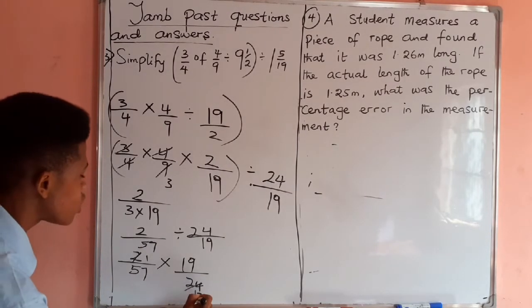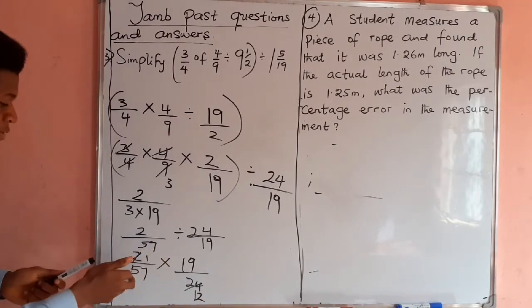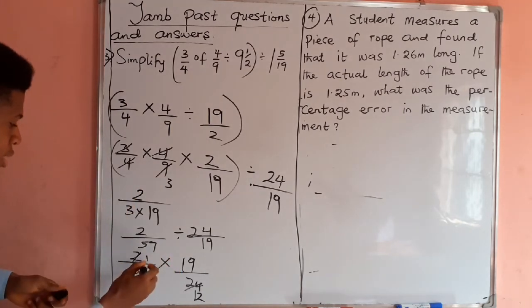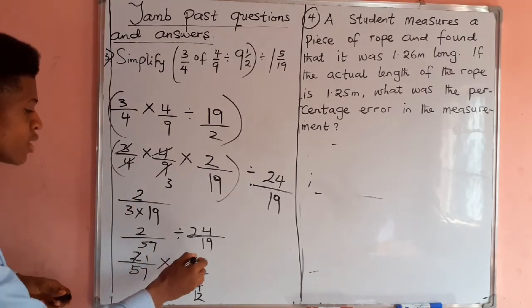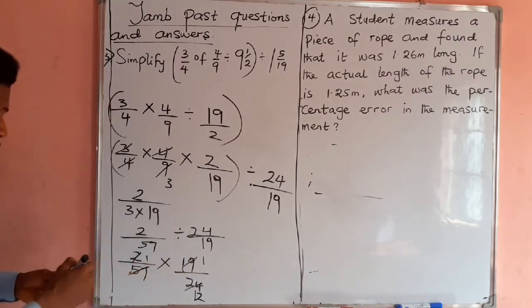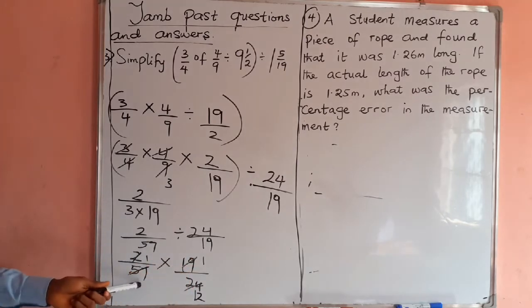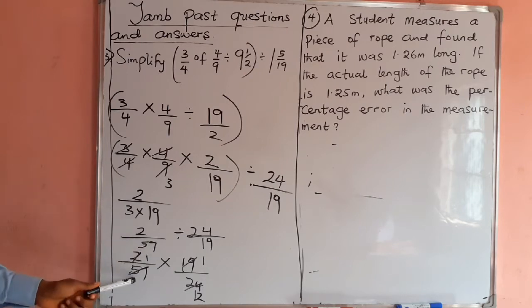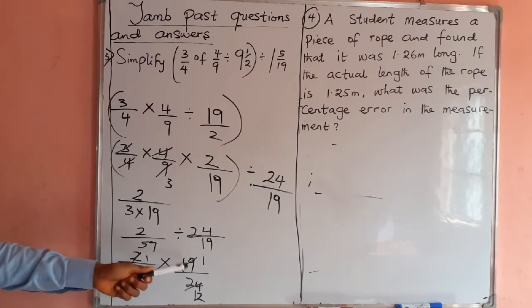So here becomes 12. And 19 and 57, if you remember what we did, you should know that they can cancel out each other. 19 goes here once. How many times does 19 go in 57? It goes 3 times, because 3 times 19 gives you 57. So 57 divided by 19 is 3.